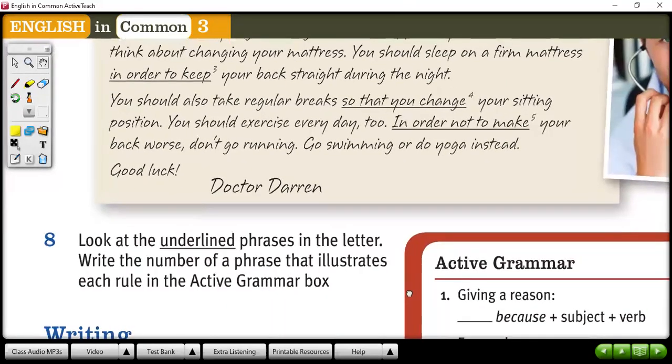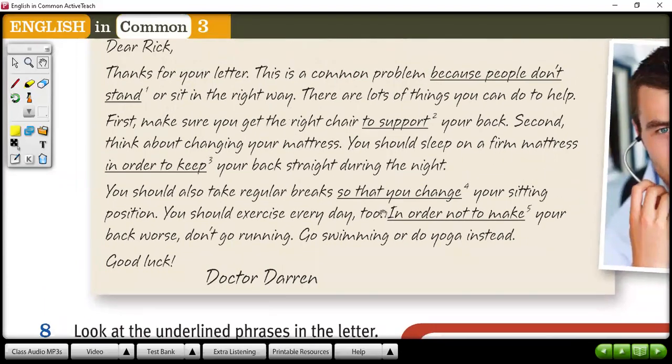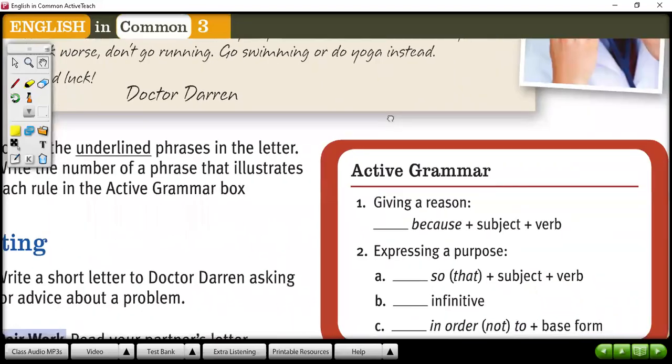Here we have examples with so that. You should also take regular breaks so that you change your sitting position. Okay, so with because we were expressing reason, now we are expressing purpose.